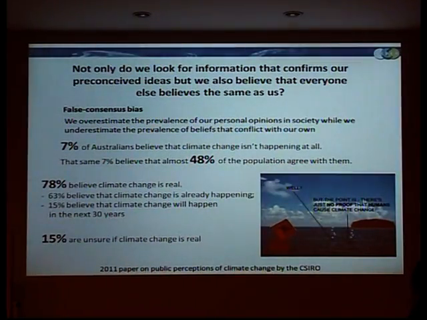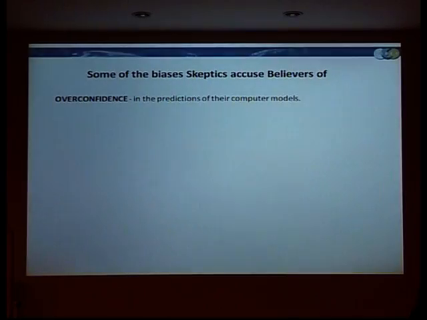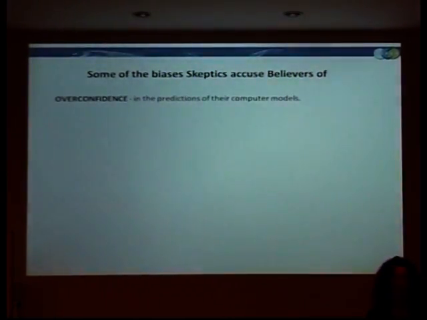Okay, so these biases actually tell us something about, for instance, how we deal with climate change. Some of the biases that I've read that climate change skeptics accuse the believers of, usually it's the other way around, we know that the believers accuse the skeptics of some cognitive biases, but the skeptics also accuse the believers of some.